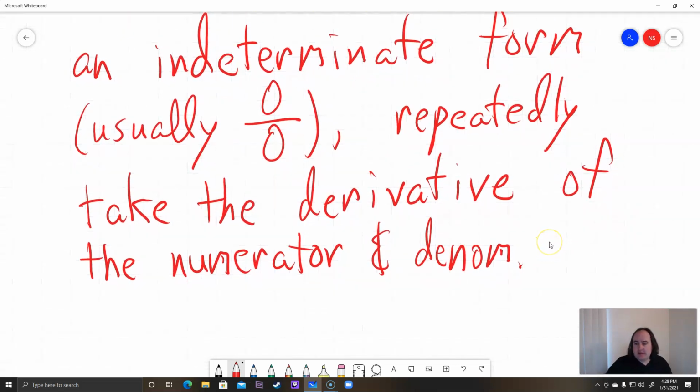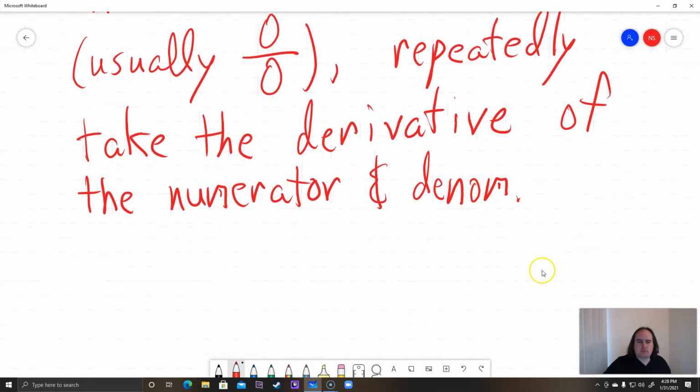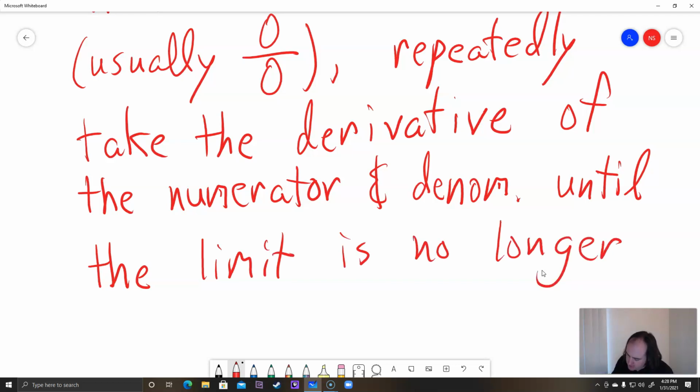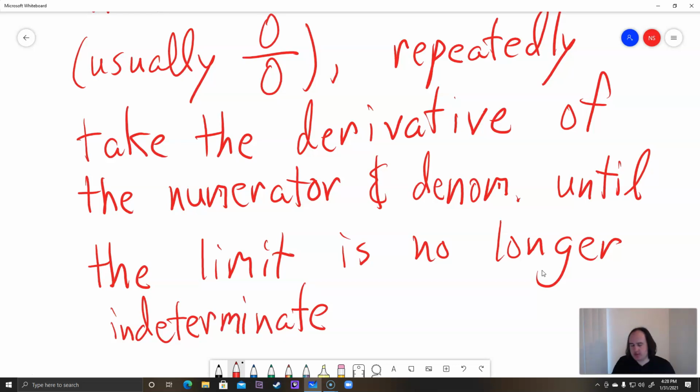So it's no longer in an indeterminate form. Okay, so take the derivative of the top and the bottom until the limit is no longer indeterminate. Okay, so you're going to end up with either a real number or positive or negative infinity.